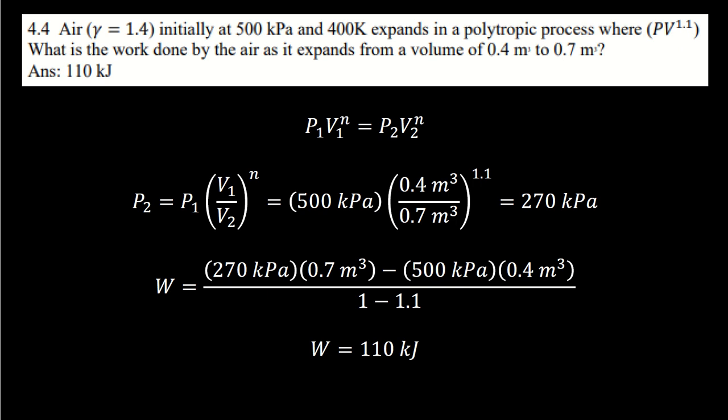Now looking at 4.4, here's an example of your textbook laying out certain bits of information and us needing to critically think about what is of value.